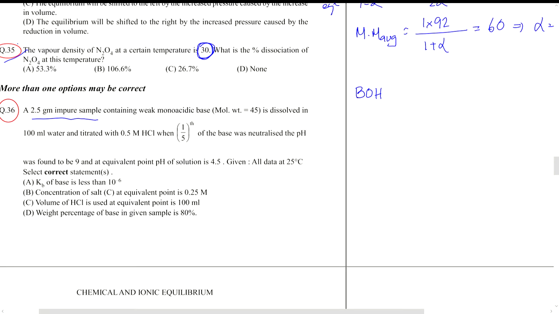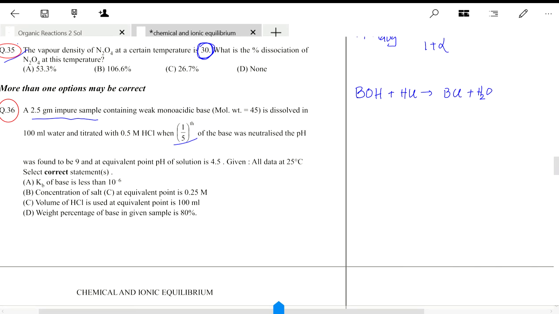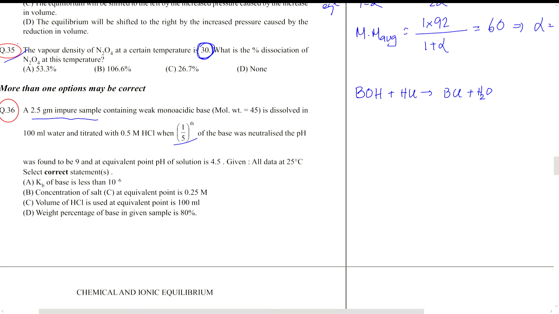It is titrated with 0.5 molar HCl, and 1/5 of the base was neutralized. The neutralization reaction gives you salt plus water, and when partial neutralization takes place, you'll be left with BOH and its salt, so you will have a basic buffer.